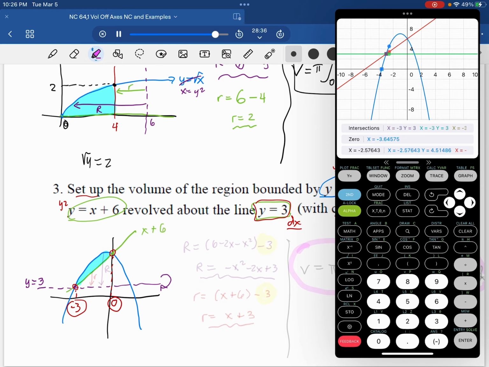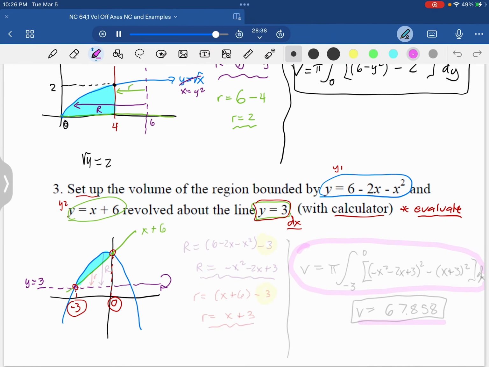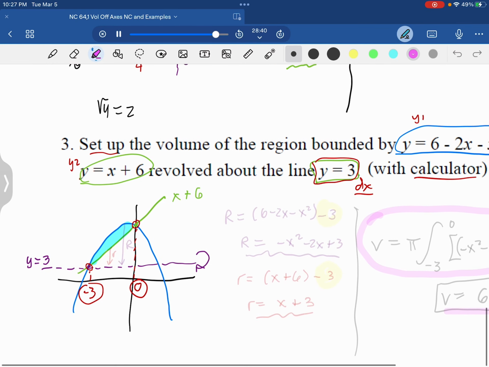So now let's set up our pieces. We haven't done one yet like this. The axis is underneath the area. So when we're setting up the big R and the little r, we want to keep track of that order. The big R is going to be the distance from the curve that's farther away down to the axis.